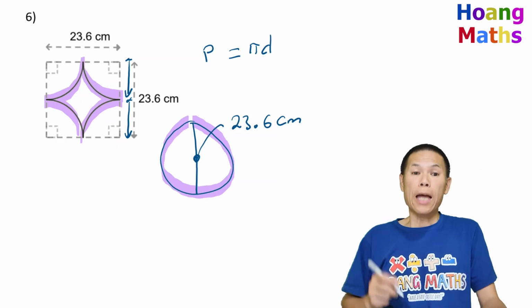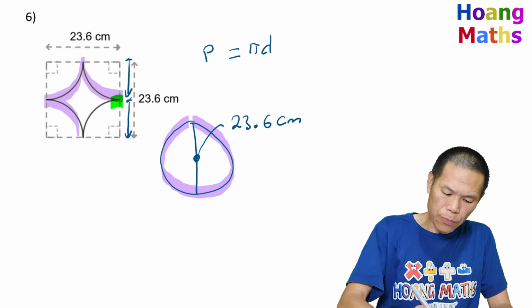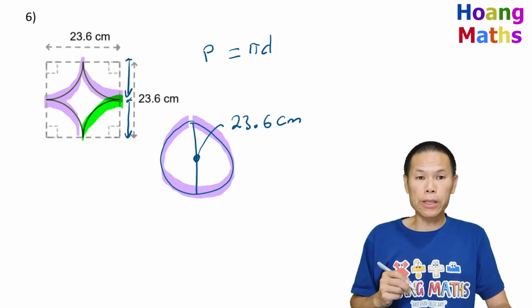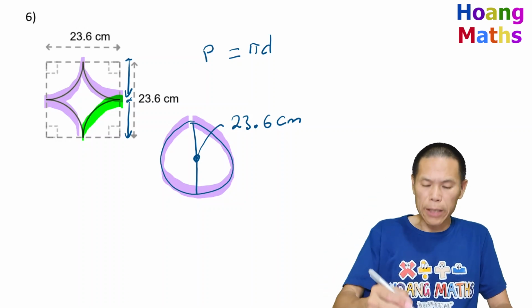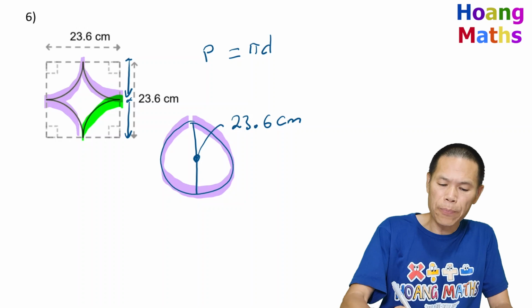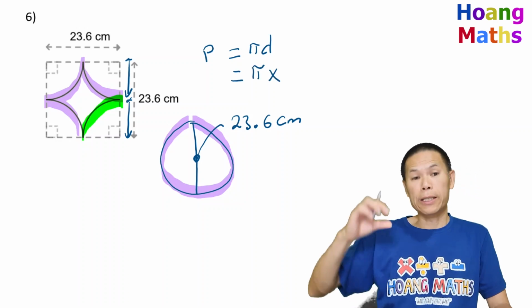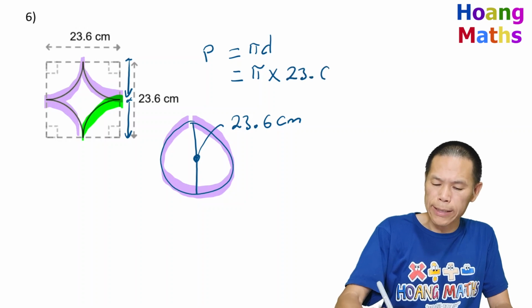So we just need to find the circumference of this circle here. That's all it is. Otherwise, you can work out the arc length of this. That is 1/4 of the circle, and we just times by 4 if you wish, but quicker if you do it like this, and easier, I think, anyway. So equal pi times the diameter, that is 23.6.